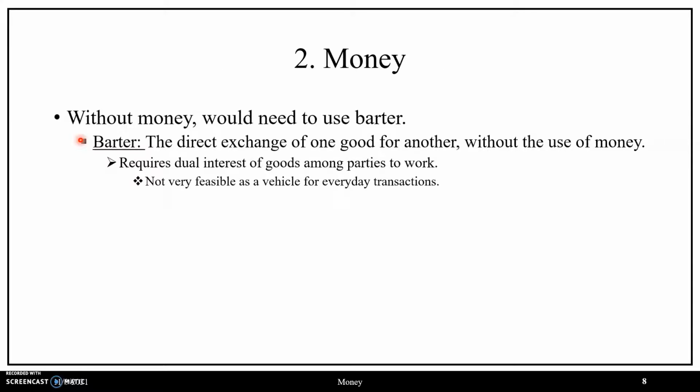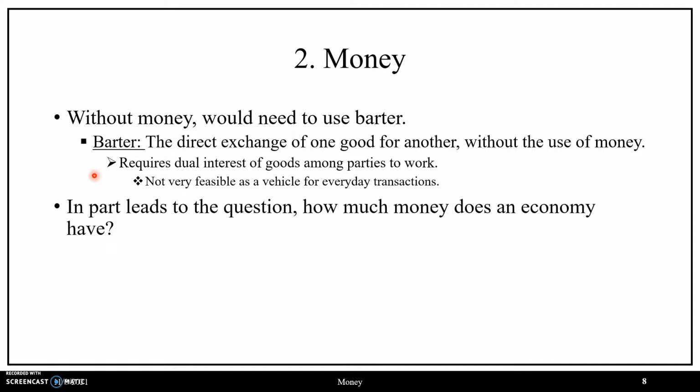So then with this definition in place, as well as the three roles of money and some examples of money, we see that it greatly conveniences us in terms of making market transactions, where without money we would need to use barter, where barter is the direct exchange of one good for another without the use of money, which requires the dual interest of goods among parties to work and is not very feasible as a vehicle for everyday purchases.